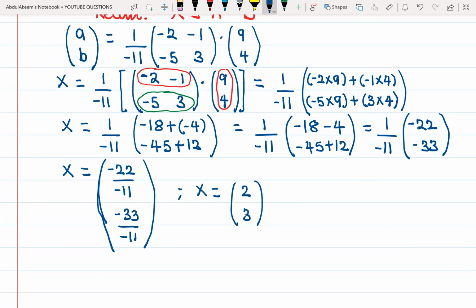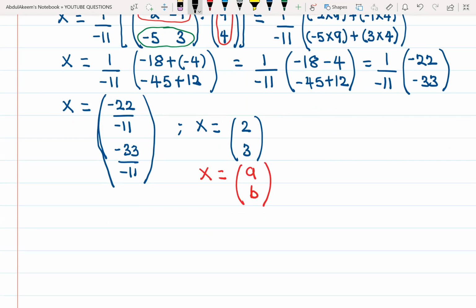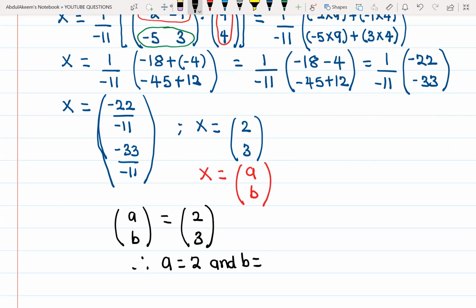We are going to recall that my X is [a; b]. So that means [a; b] is equal to [2; 3]. Therefore, the value of my A equals 2 and the value of my B equals 3.